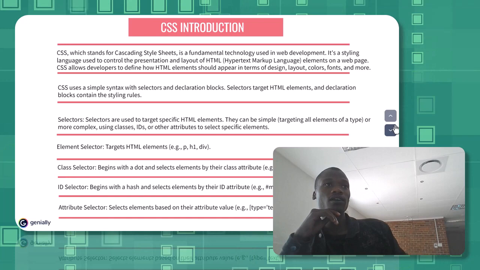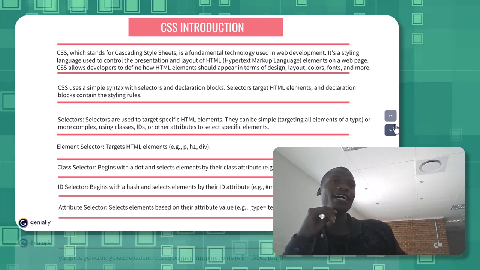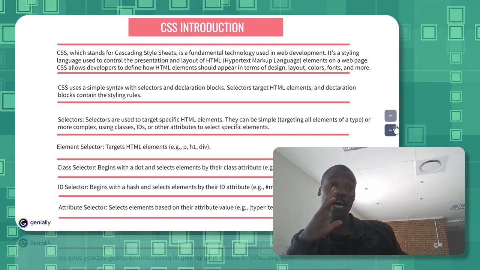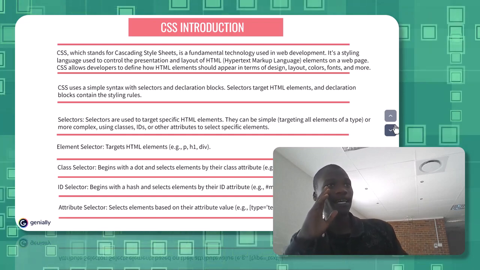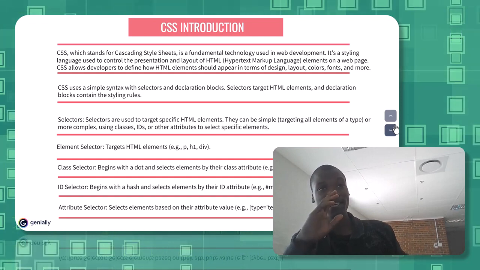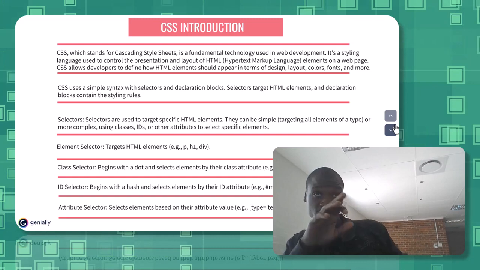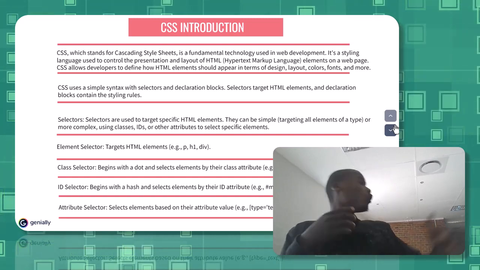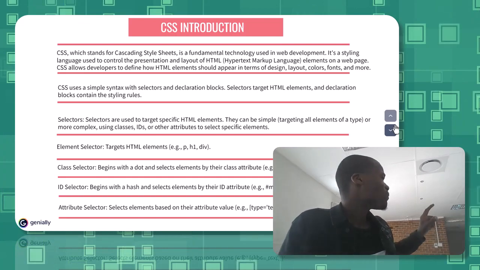So what is an ID selector? An ID selector begins with a hash and selects elements by their ID attribute. Do you remember when we were speaking about image maps?